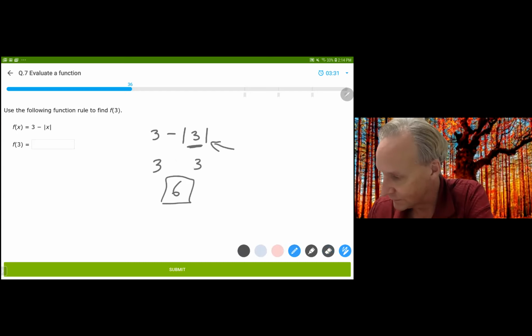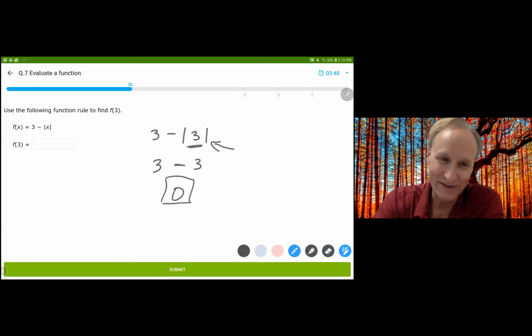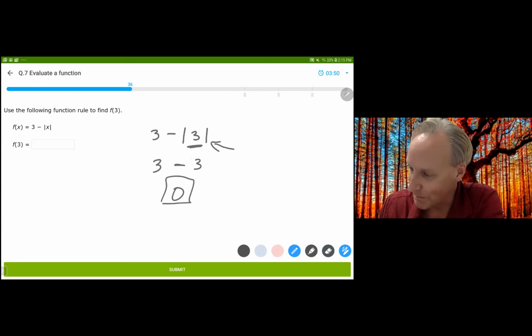It's minus, duh, which is 0. I made a mistake. I didn't do it on purpose, but there it is. It's a very common mistake. It's looking at the absolute value and wanting to make everything positive. It is 3 minus 3, which is 0. I wanted to write that positive 3 for you, but that's where it goes, not at the subtraction level.